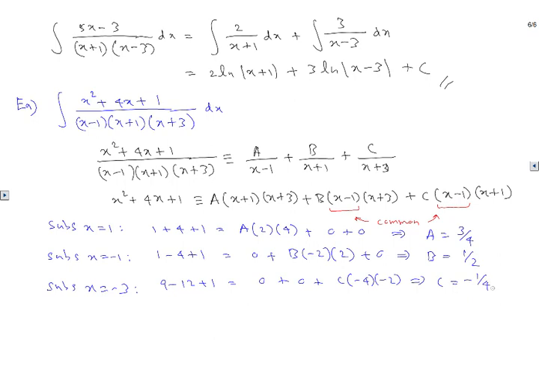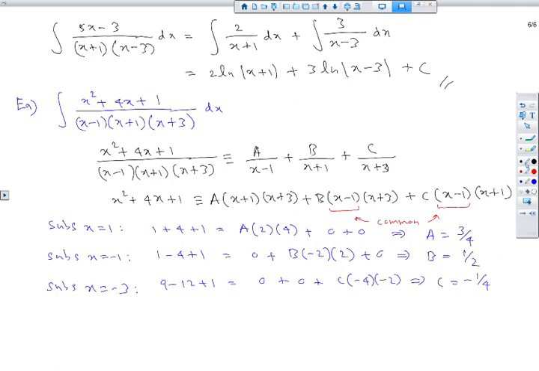Okay, so we find all the terms. Now we can finish the integral. Let's see how the rest of the work works.